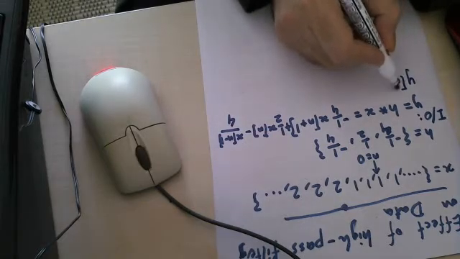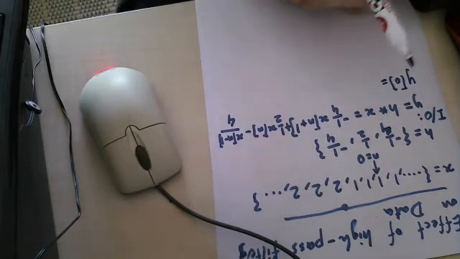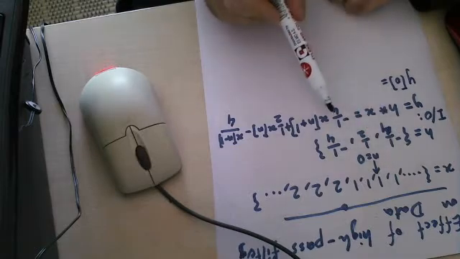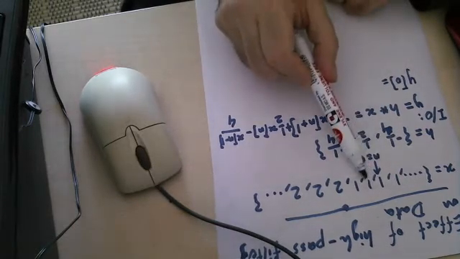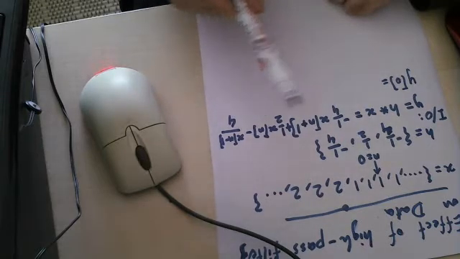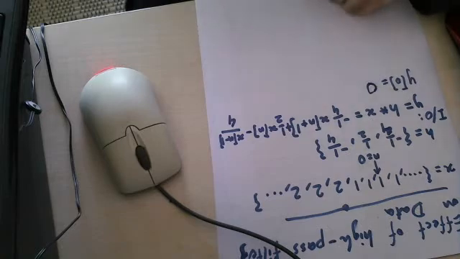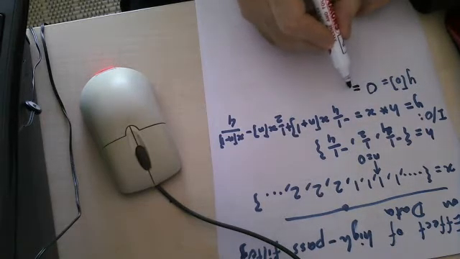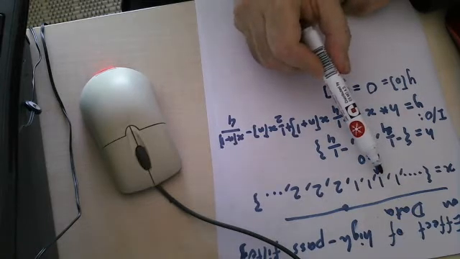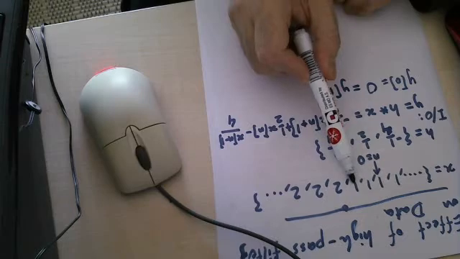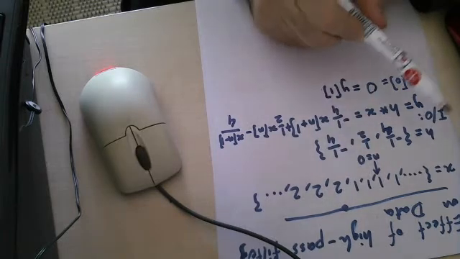y0 turns out to be equal to 1 times minus 1 over 4, 1 times 1 over 2, minus 1 times 1 over 4. So y0 becomes 0. Then y1 is also equal to 0 because we use these three samples to compute y1.